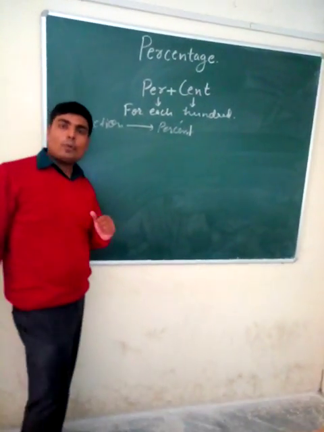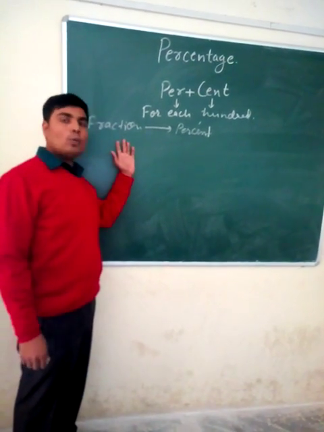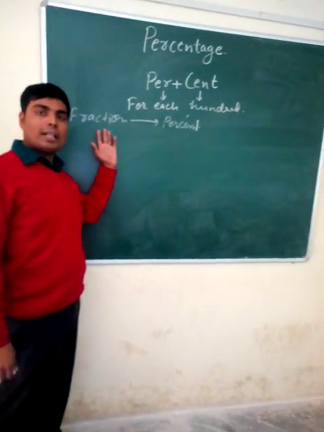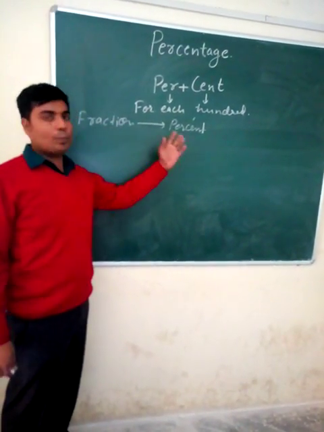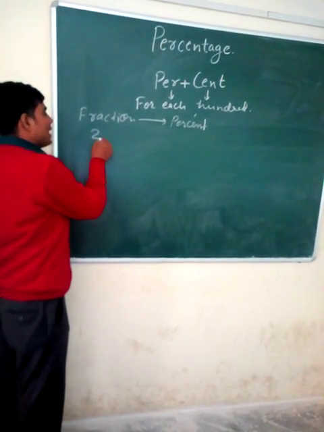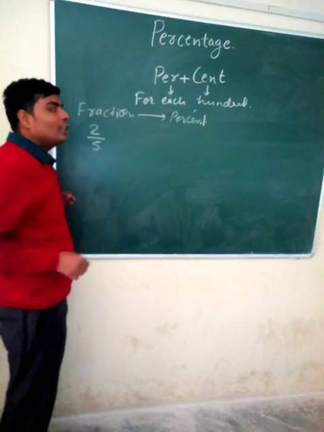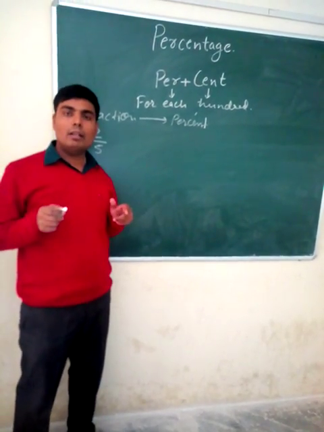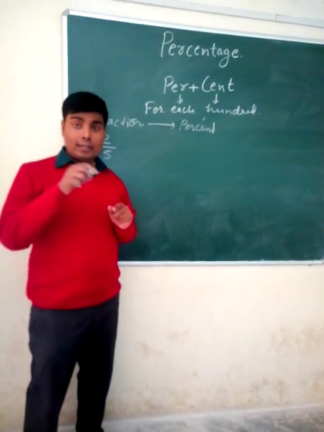Now students, we are going to discuss fraction. How can we convert the fraction into percentage? So if there is written 2 by 5, this is a fraction and we have to convert it in percentage.